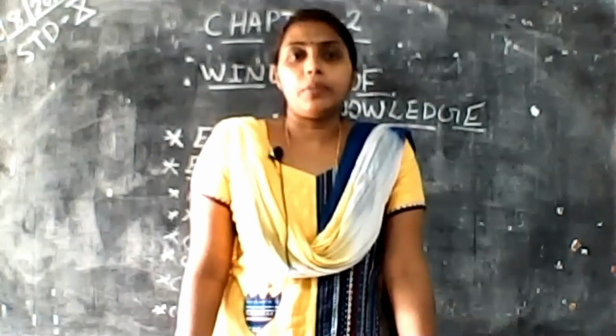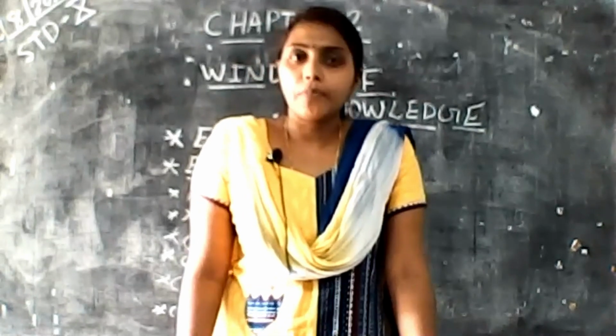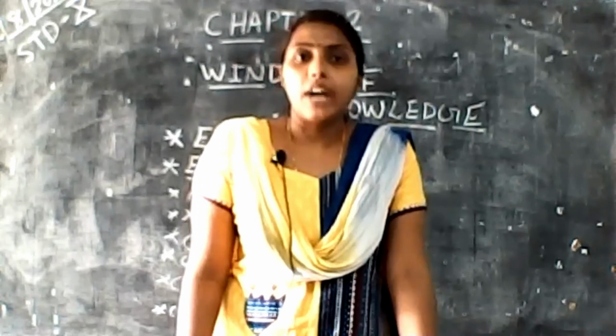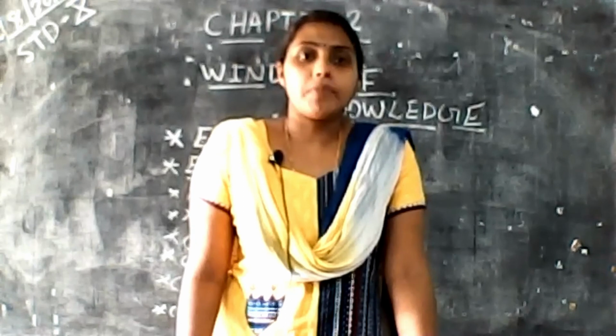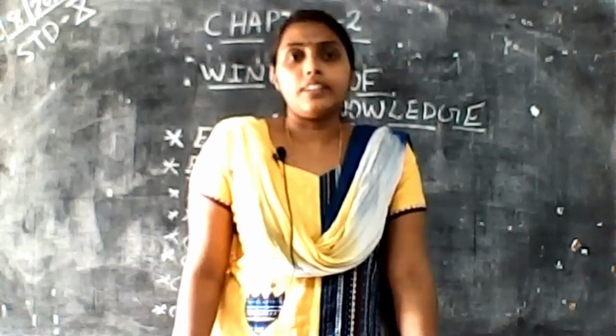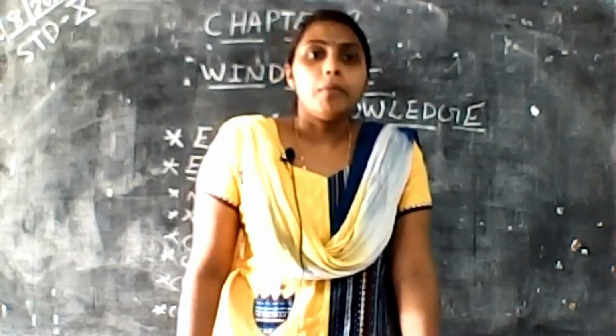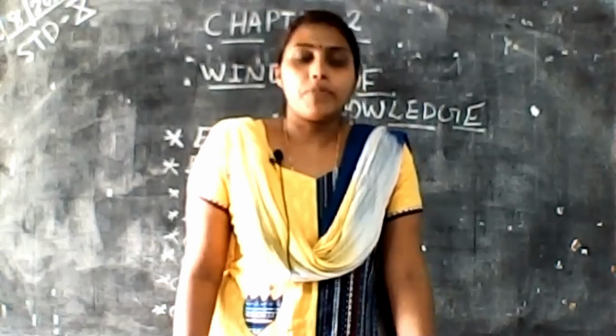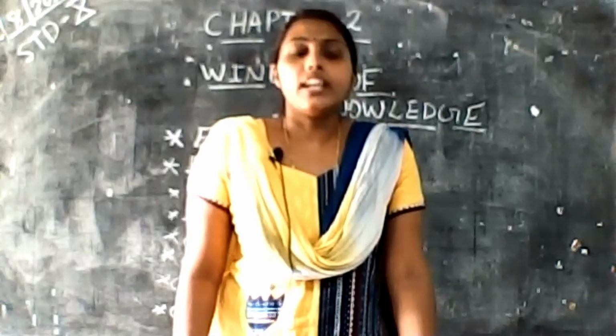Cone cell consists of the pigment photopsin or iodopsin. Rod cell helps in dim light vision. Cone cell helps in bright light vision. There are three types of cone cells, that is blue, green, and red. The difference in color is due to the difference in the amino acid in the opsin molecule of each cone cell.